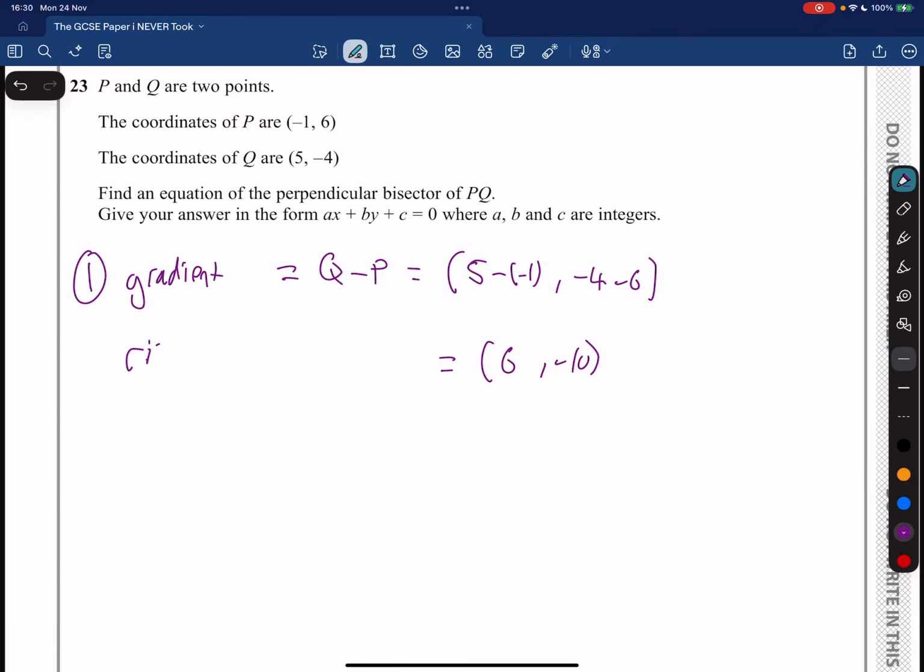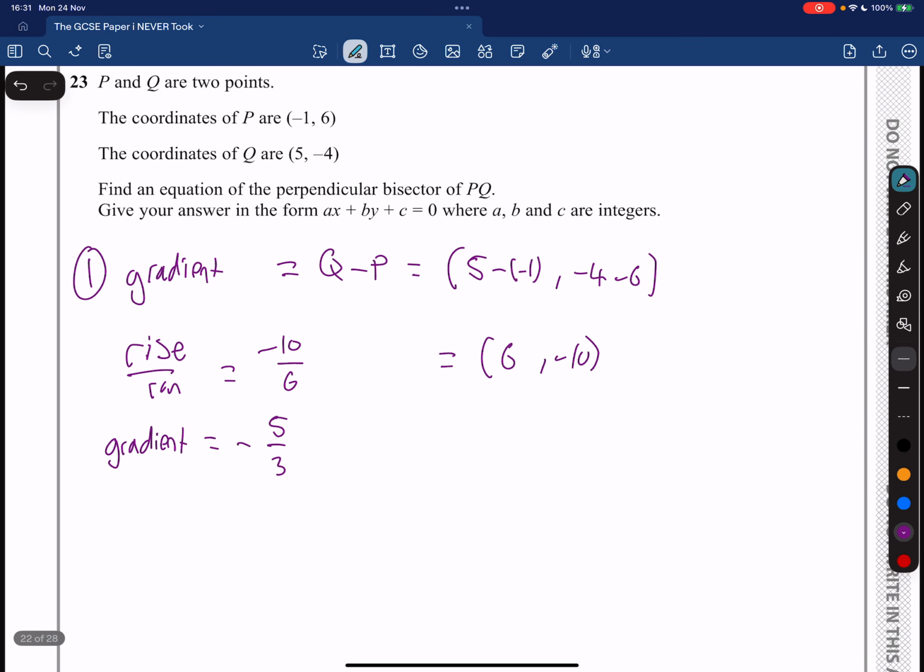Gradient is rise over run, which is equal to minus 10 over 6. So the gradient is equal to minus 5 over 3.